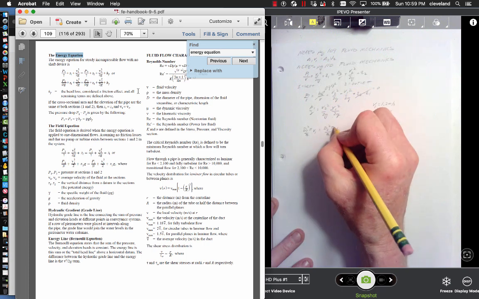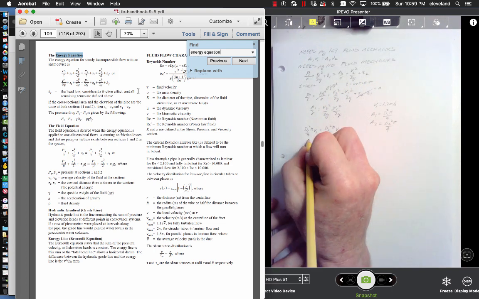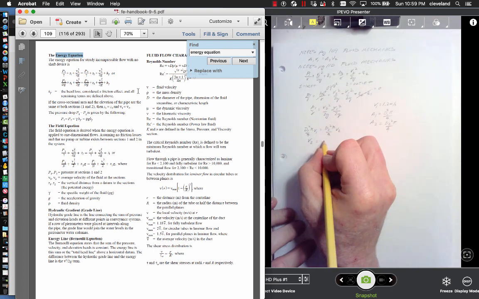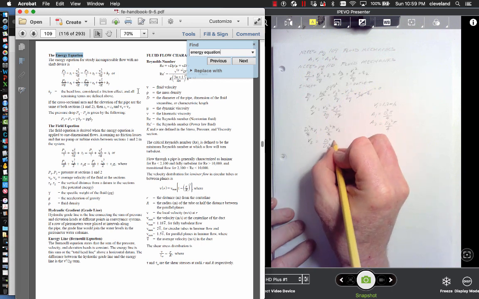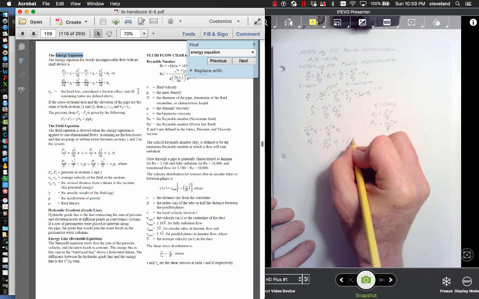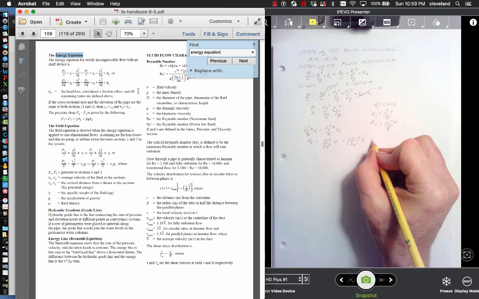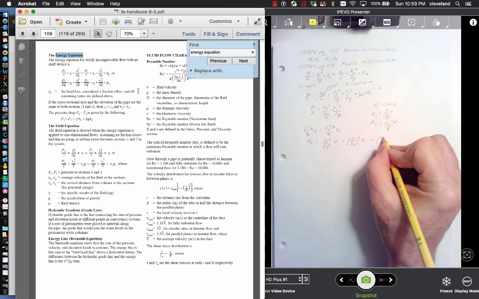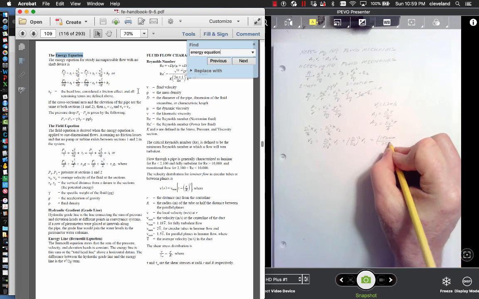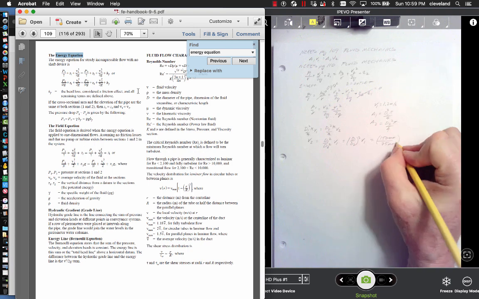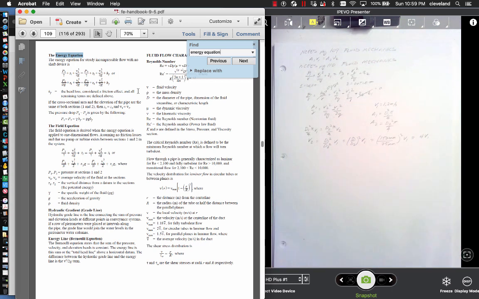The 4's cancel, the pi's cancel, and V2 equals D1 squared over D2 squared times V1, which equals D1 over D2, quantity squared, times V1. D1 we're given is 150 millimeters. D2 is 75 millimeters, quantity squared times V1, and that produces 4 V1.